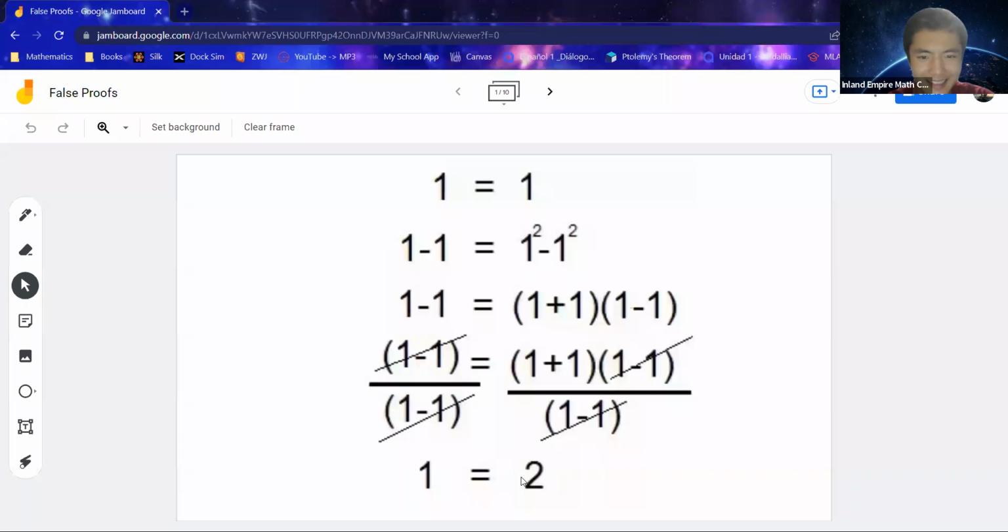Does anyone want to tell me why we got this amazingly inaccurate result? Joyce, Lloyd, do you want to take a guess at what we did? Is it because when you factor the squares, maybe it doesn't work on the number 1? Well, that's a great idea.